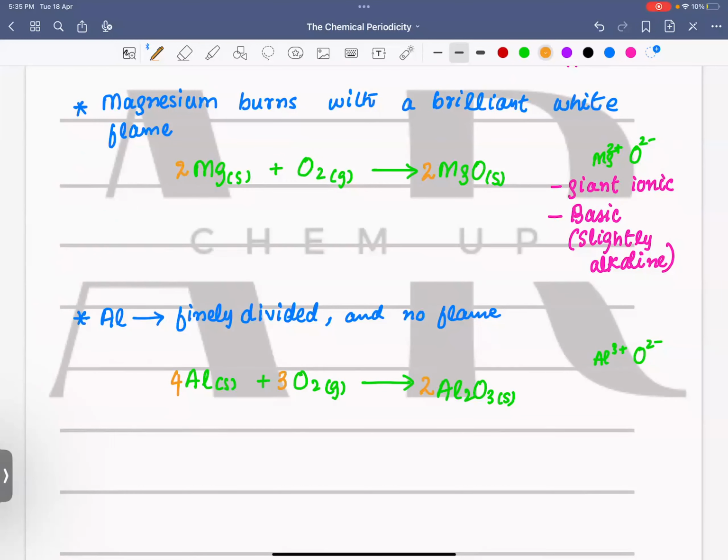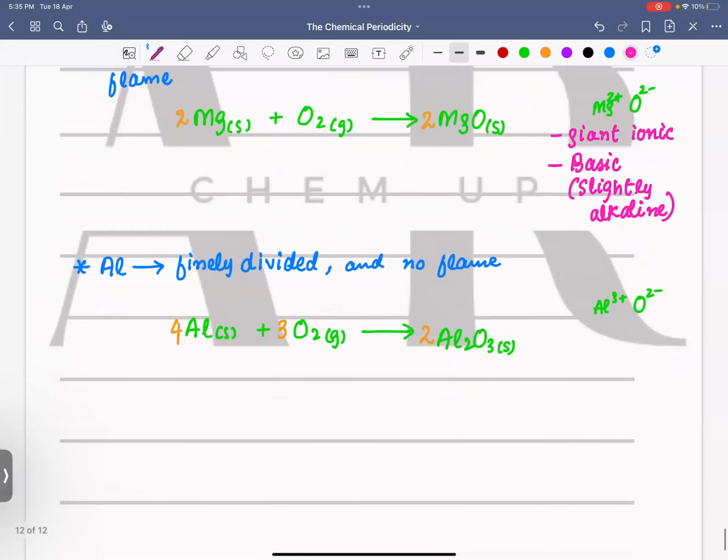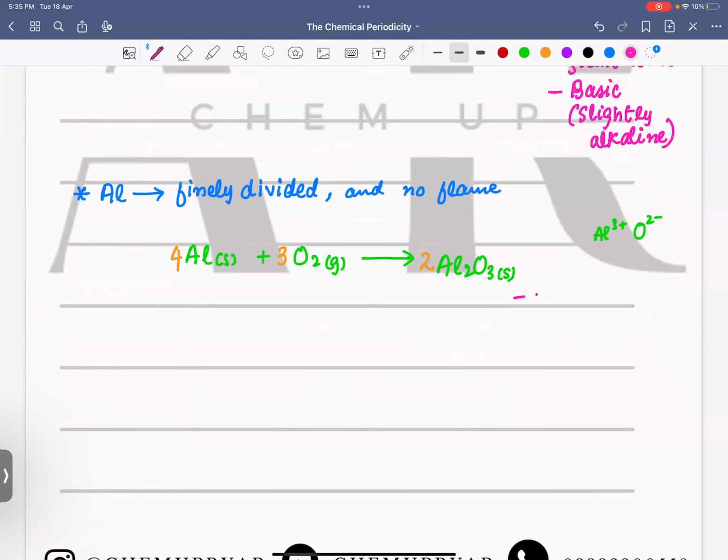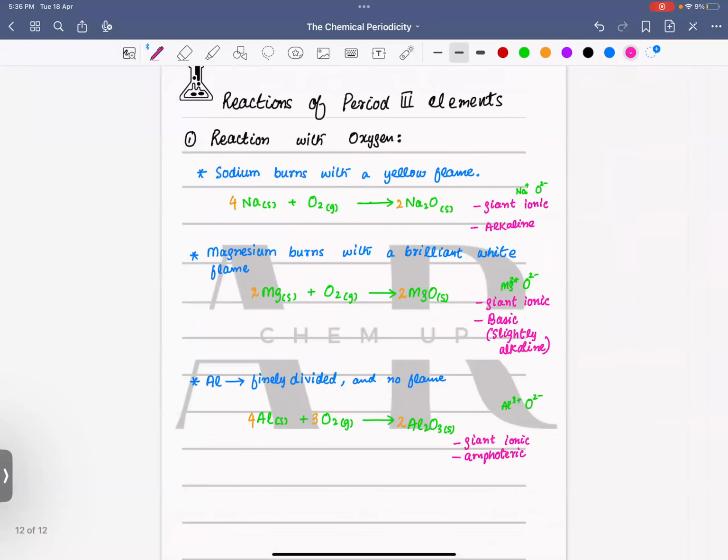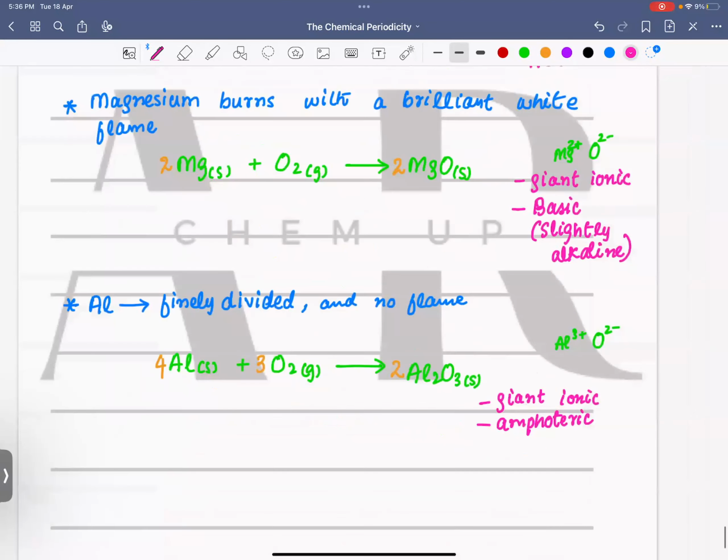Now, the aluminum oxide is a solid that is formed. I can comment on its properties. First one is that it is also a giant ionic, and the next one is that it's amphoteric in nature. Is this understandable?